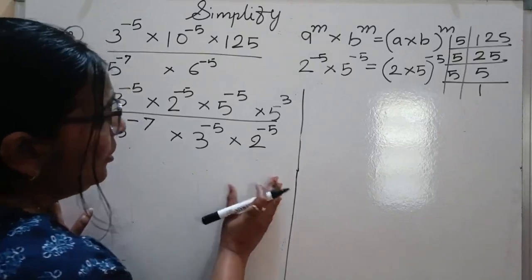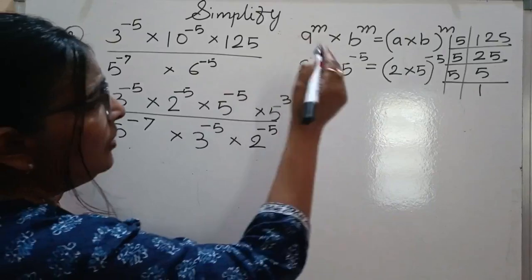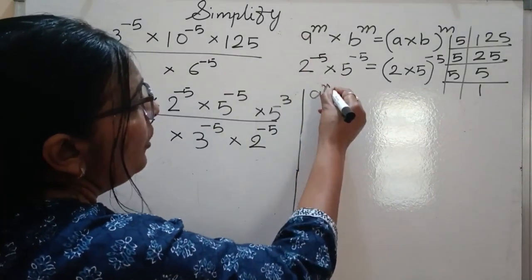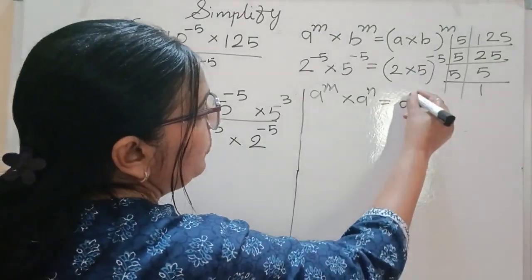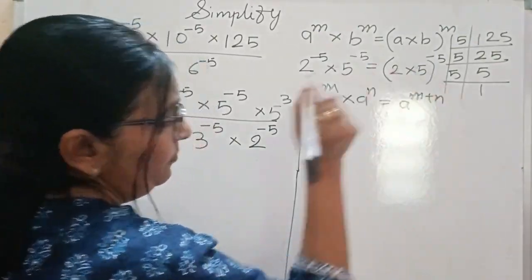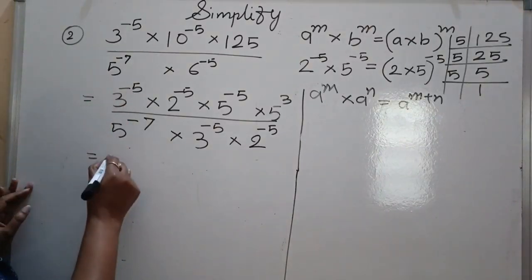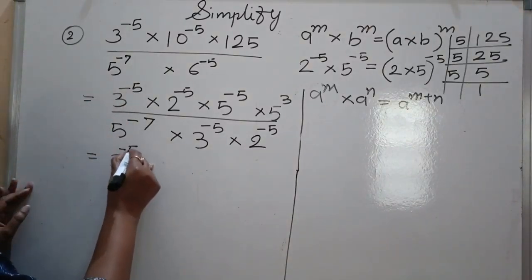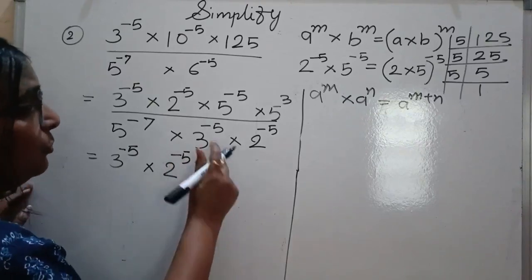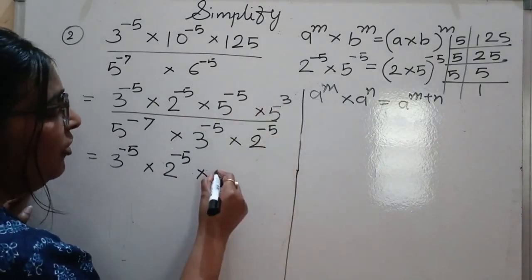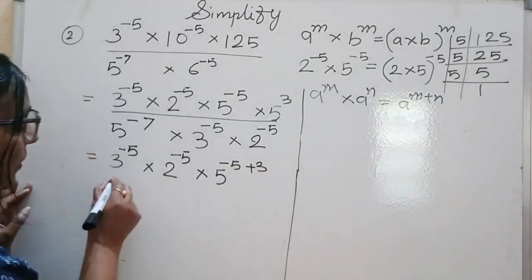Now, next step. To avoid confusion, first I am going to solve this. Okay. For that I am using here a raised to the power m into a raised to the power n is equals to a raised to the power m plus n. Okay. Remaining as it is. So start writing 3 raised to the power minus 5 into 2 raised to minus 5 into, here apply this law, 5 raised to minus 5 plus 3.